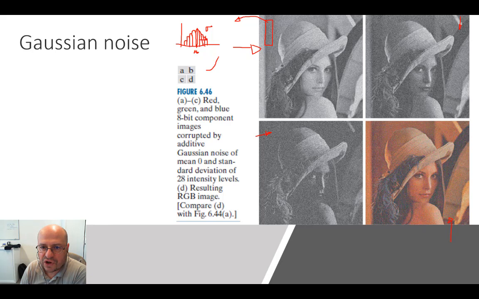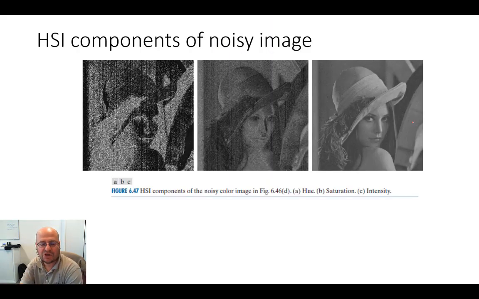Then you create your Gaussian and you apply a Gaussian filter to every one of these channels, and then at the end you combine them all into a better image, into a corrected image.